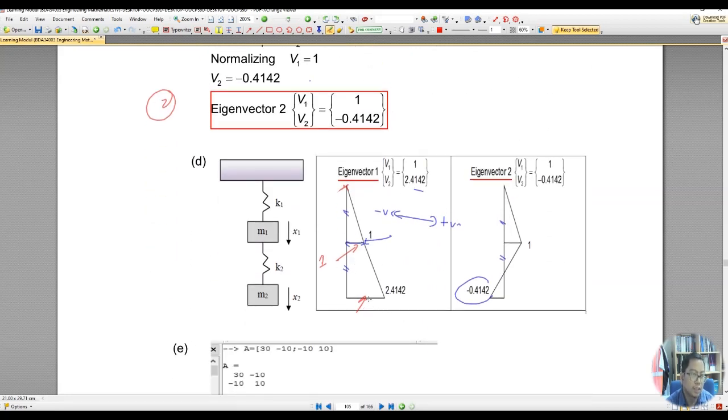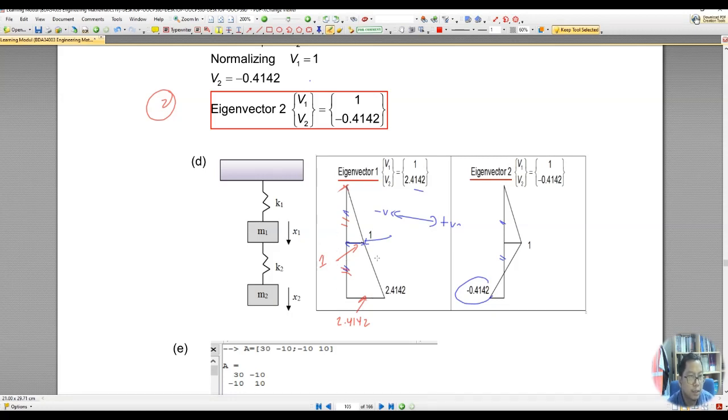We just sketch to scale, where the length of this element is equal to 1.